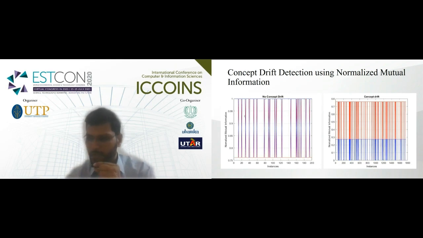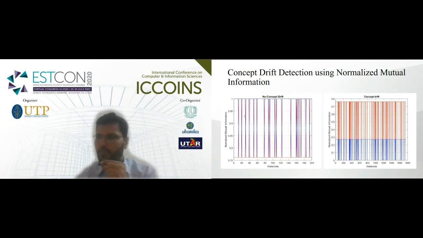Researchers have used normalized mutual information approaches in many applications. Some of them are contrast enhancement of breast MRI images, feature selection, human facial expression detection, and video tamper detection as well.